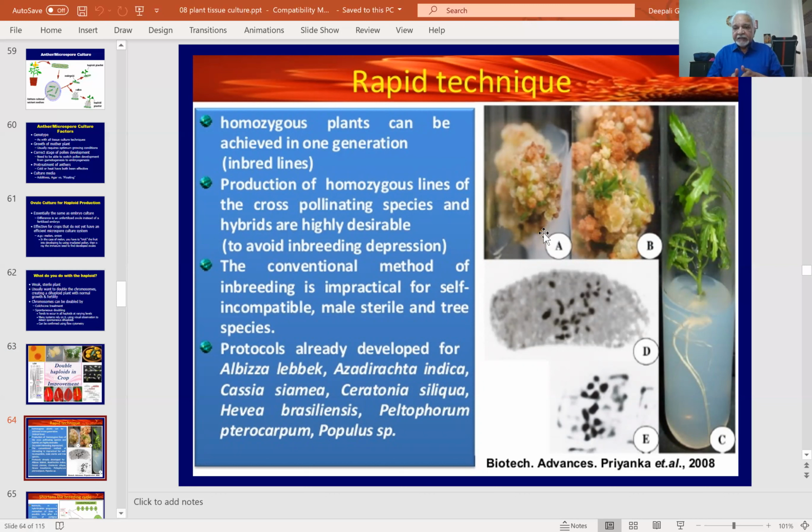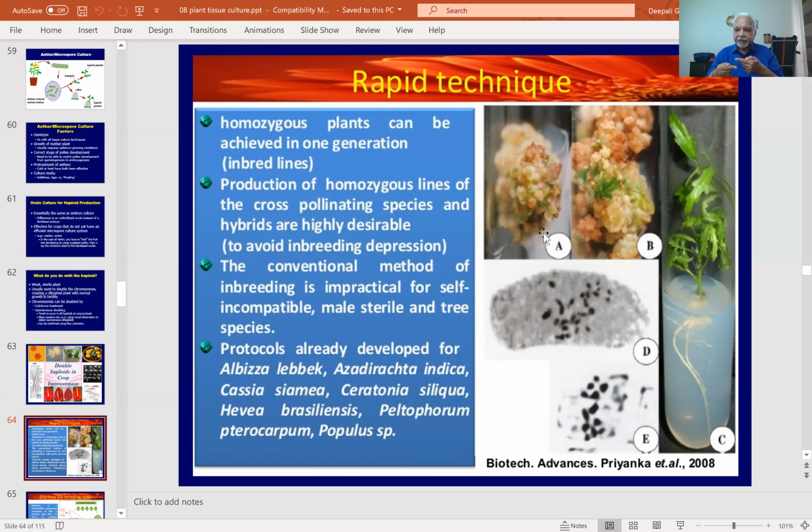But what is happening here, connecting it to this new discovery, is that when anther culture is diploidized, you achieve homozygosity for all traits, and that is the biggest advantage.